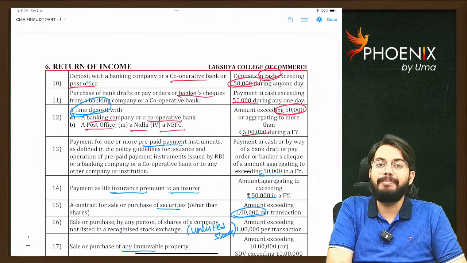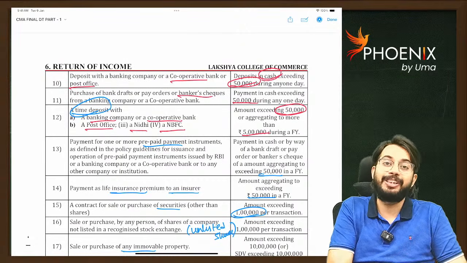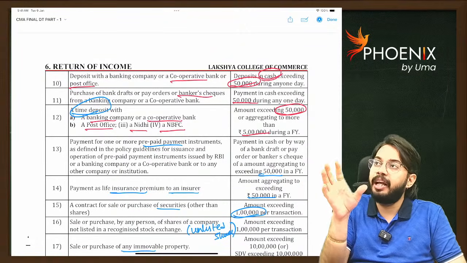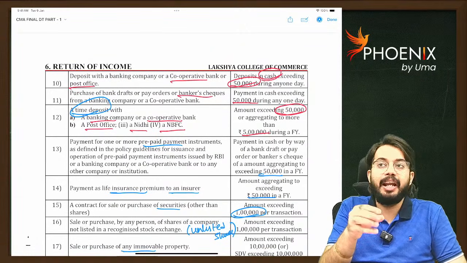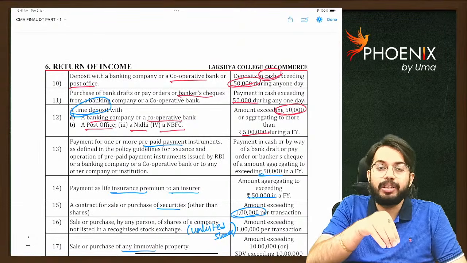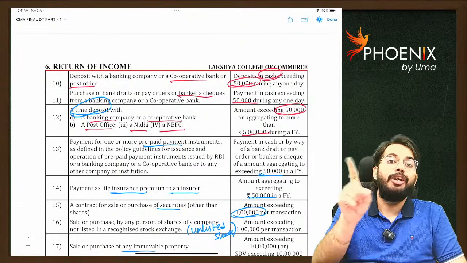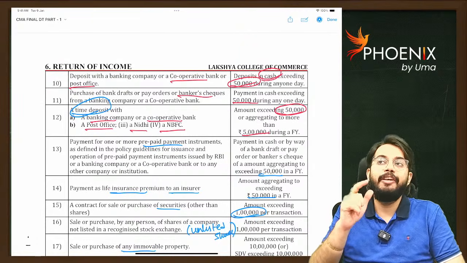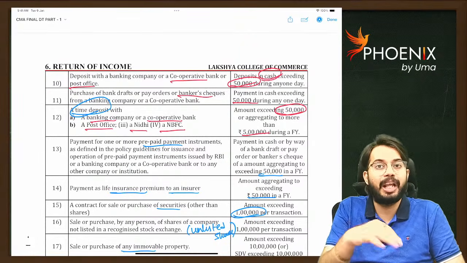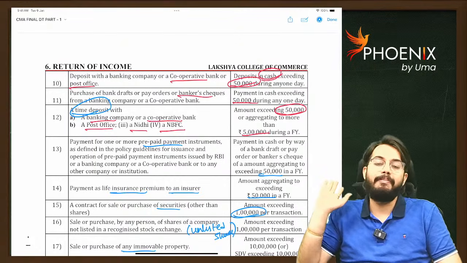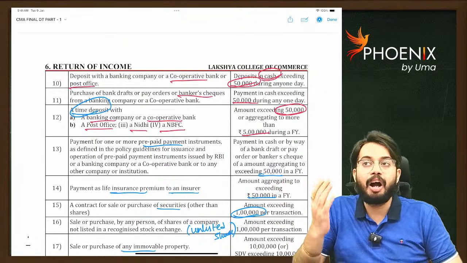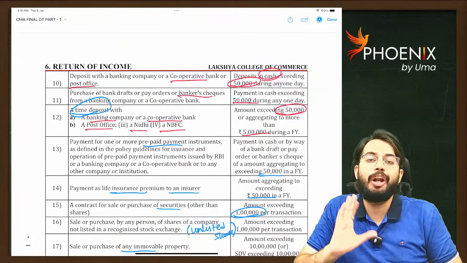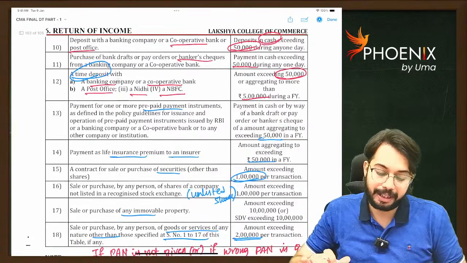Only if you give PAN number will they accept the cash deposit. That's why in public, like in ATMs, there is a cash deposit machine also. But in that cash deposit machine, you cannot deposit more than 50,000 rupees because of this reason. Because if the bank is accepting more than 50,000 in cash, it should take PAN number.